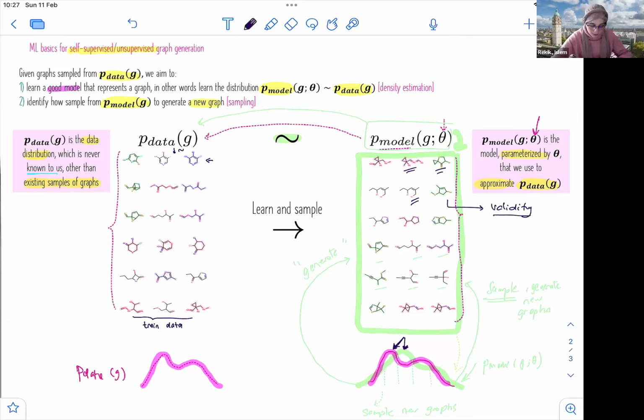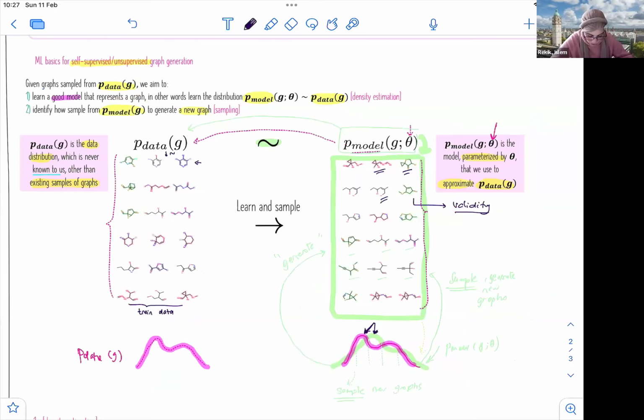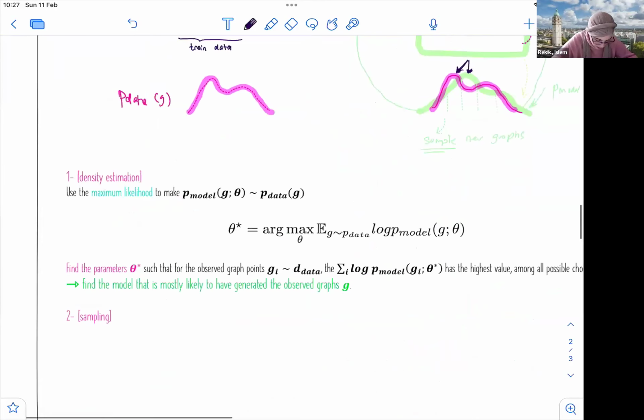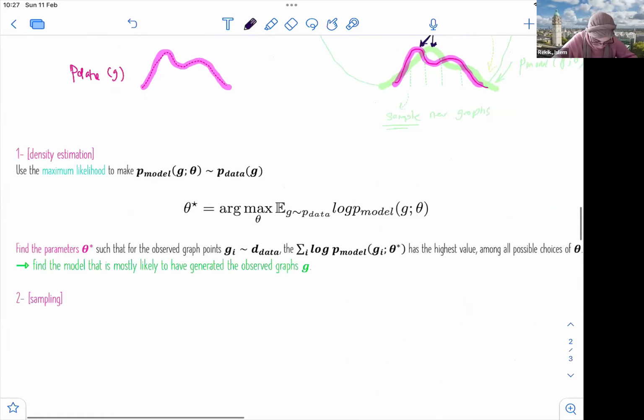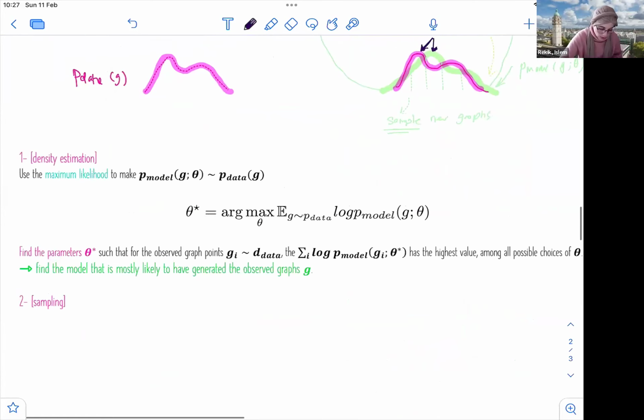Anyway, here, basically, it's fitting a distribution onto another one. And these two steps are actually very easy. The first one is density estimation. So what we want is to use maximum likelihood to make P model approximate P data. Here we want to discover the theta star, which is the optimal parameters of our model, where we take the average.